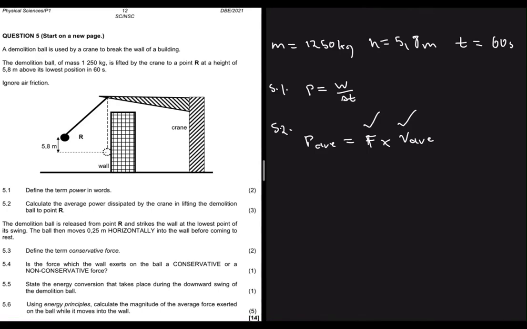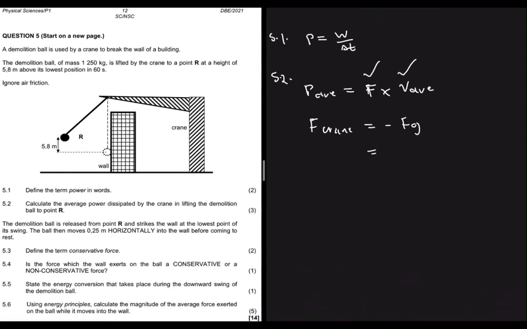So what that means is that the forces when the ball is moving up are balanced. Because it's hanging, we don't have normal force, frictional force, or any of that. The only force that's acting on the ball, apart from the force exerted by the crane, is force of gravity. So that is to say, F crane is equal to minus Fg, because these forces are balancing out, and then the demolition ball is moving at constant speed.